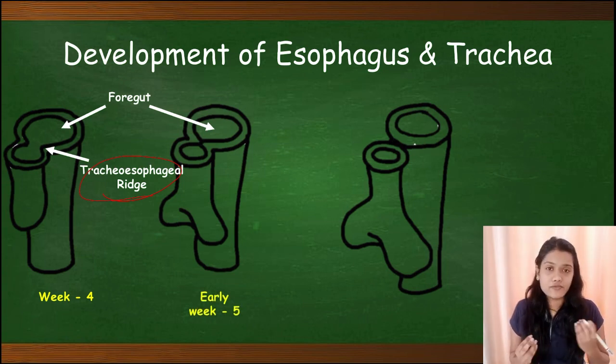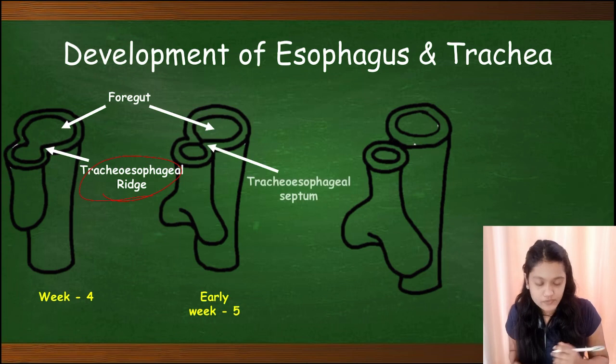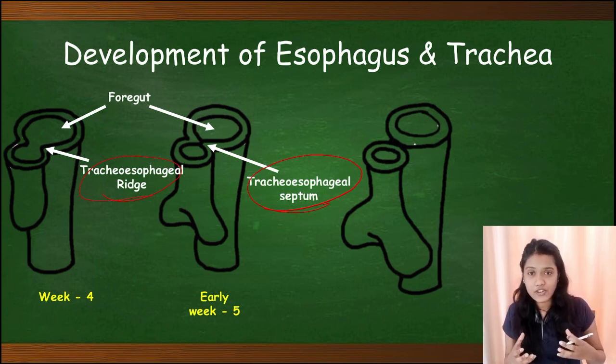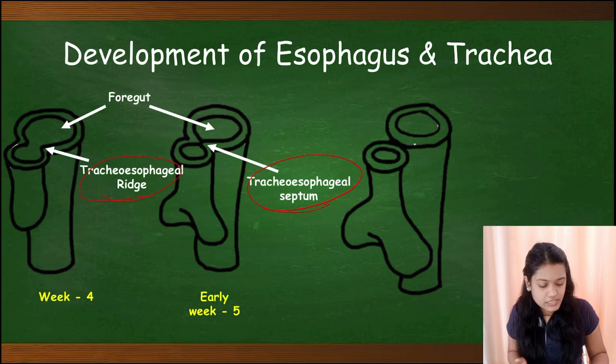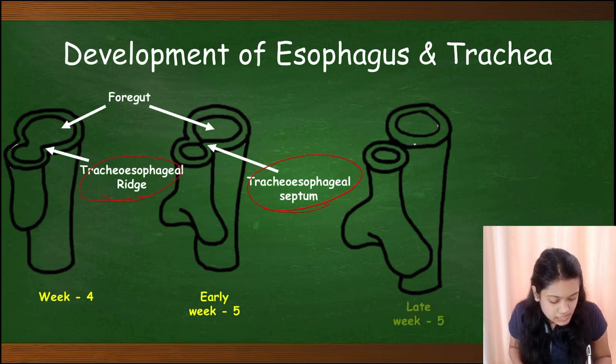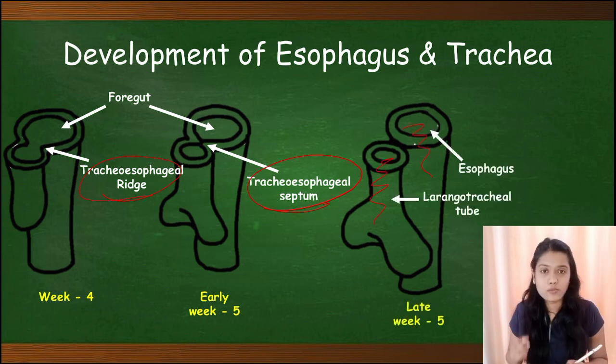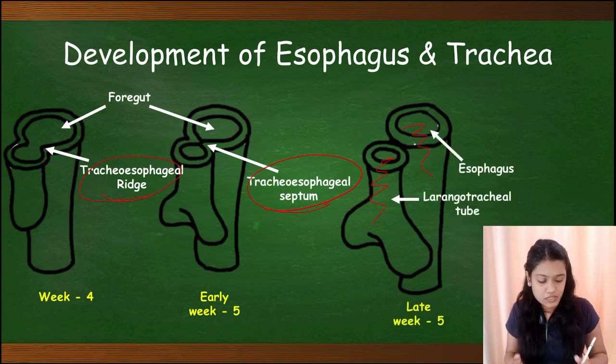During the early 5th week this ridge grows into a septum, the tracheoesophageal septum, and this septum divides the esophagus and trachea into two different parts. During late week 5, the esophagus and laryngotracheal tube are two separate tubes now.